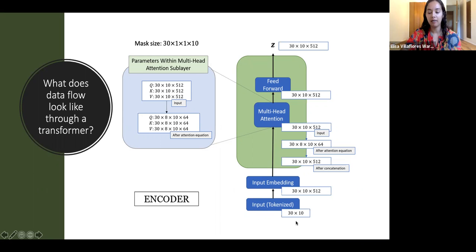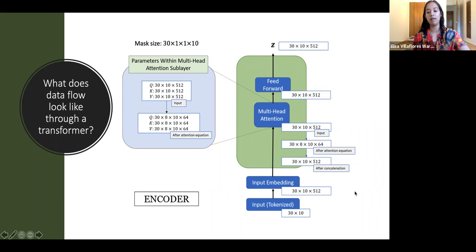And so if we look at the shapes, we begin with this 30 by 10 matrix. But then basically the rest of the network is all tensors, which is why I didn't want to explain the shapes before. Once you turn it into an embedding, you have 30 sentences, each with 10 words, and each of those 10 words is represented by a 1 by 512 vector.